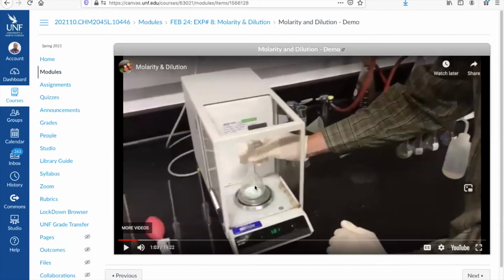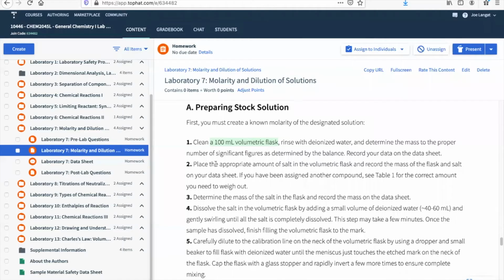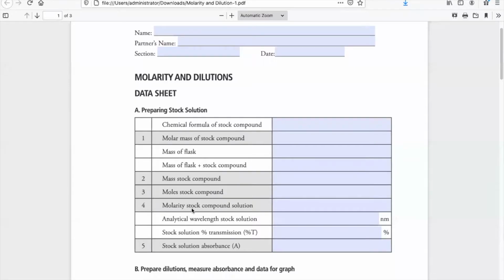This is what is given in the procedure. With that, you should be able to calculate the molarity of the solution. Having calculated the number of moles in line 3, you should be able to calculate the molarity for line 4, that is the number of moles over the volume in liters of the stock solution.